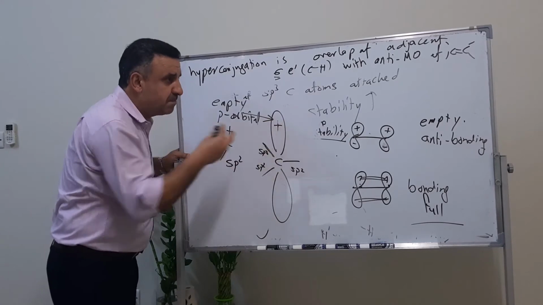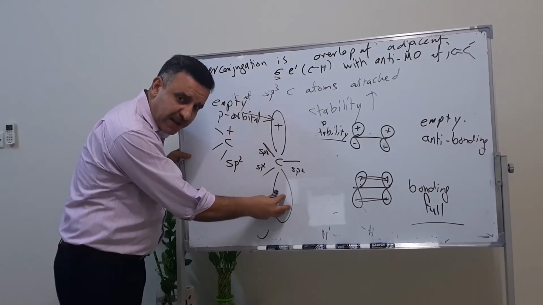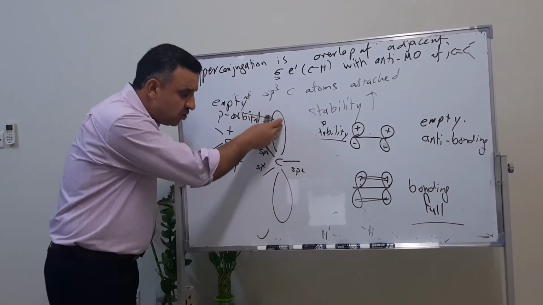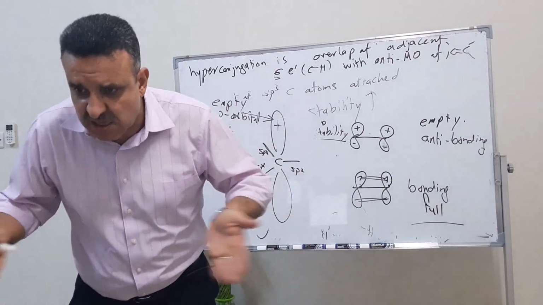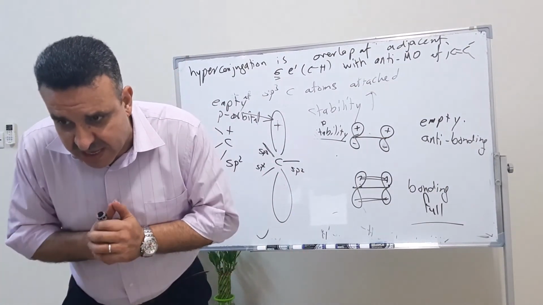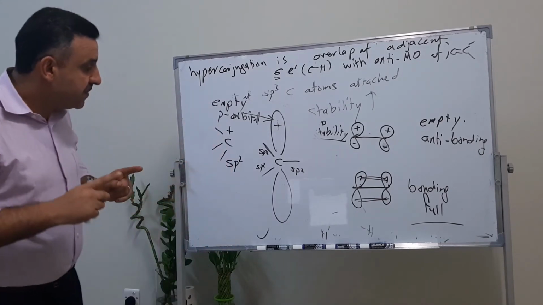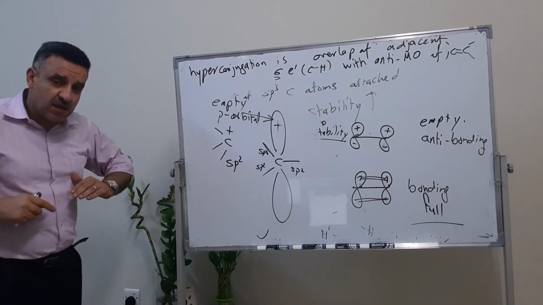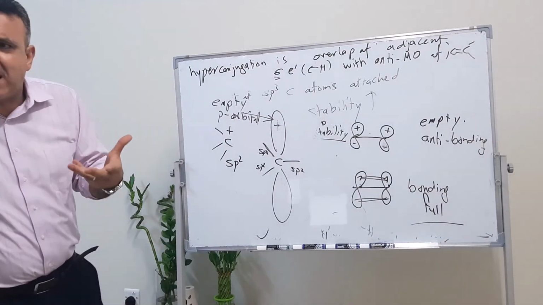Here, this p orbital is two loops, one loop above the plane and one loop below the plane, which means these two loops carry no electrons, there are 0 electrons in there. Got it? Perfect.